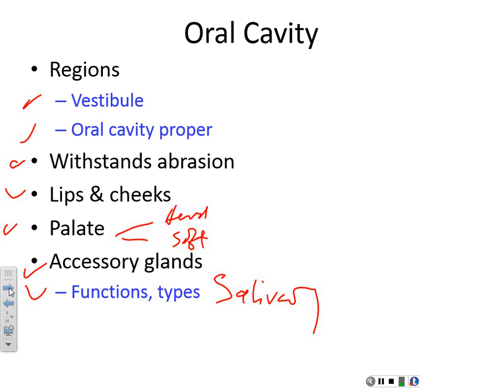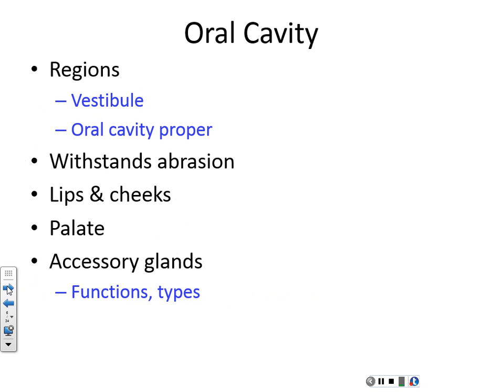Even I get a tingling feeling around here when I'm eating something I really like. So that's the parotid, which has the salivary amylase and the watery fluid. And the sublingual, the one under the tongue, is mostly mucus, to lubricate the food. So you've got to know those three.